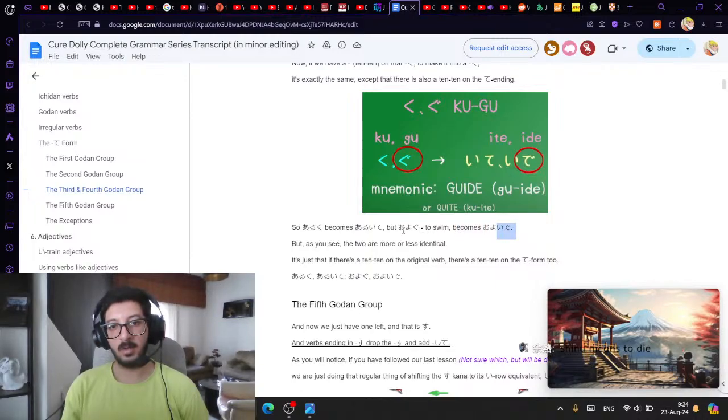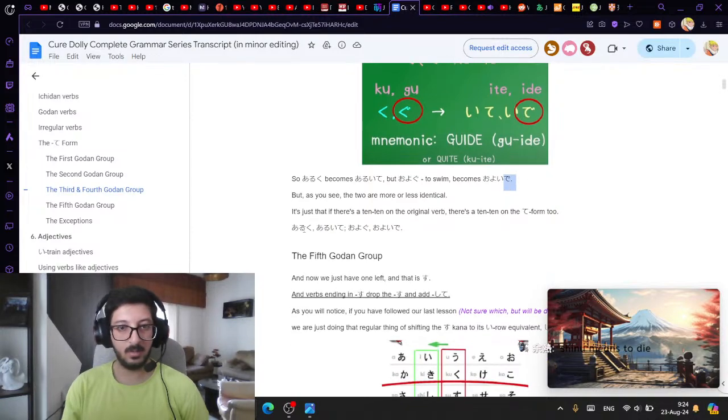Swimming, oyogu becomes oyoide. So if the ku has a dakuten, the present continuous will also have a dakuten. It's not ite, it's ide. Okay, easy. But as you see, the two are more or less identical.